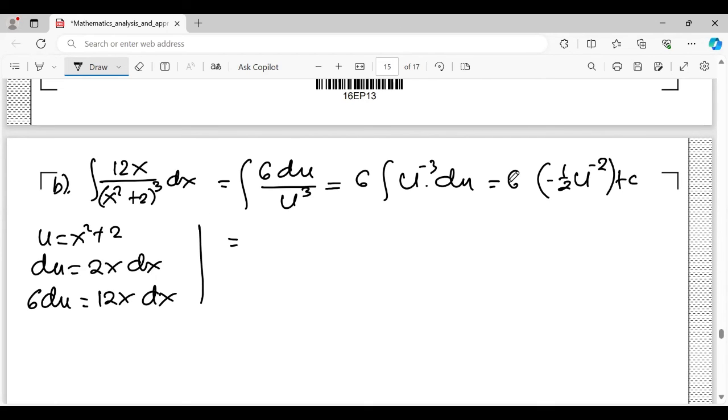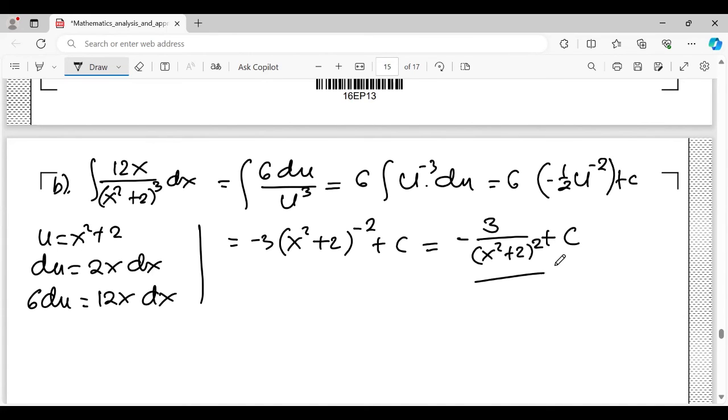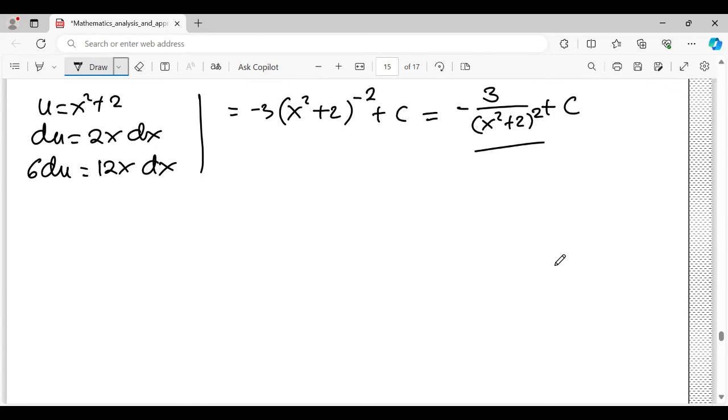It becomes minus 3 over (x squared plus 2) squared plus c. This is the integral of f(x).